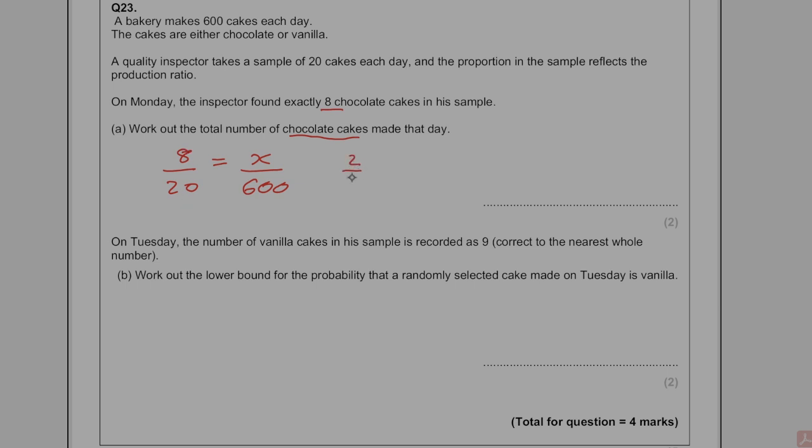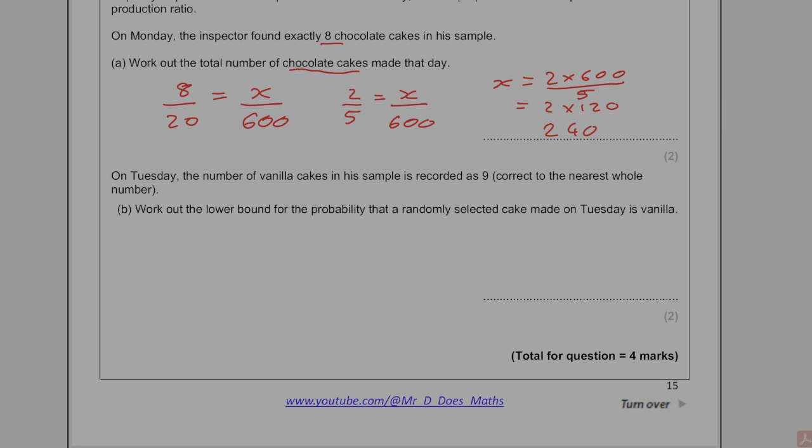That would be 2 out of 5 is equal to x over 600. So x is going to be equal to 2 times by 600 divided by 5, which is going to be 2 lots of 60 divided by 5 would be 12, so that's going to be 120. So I'm looking at 240.